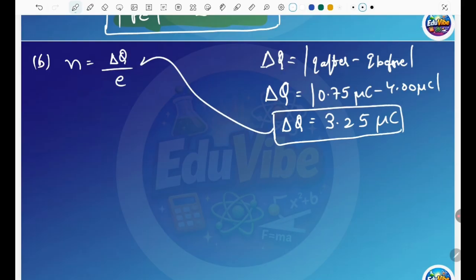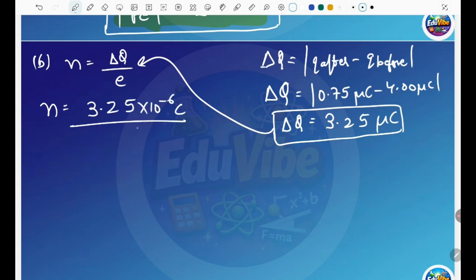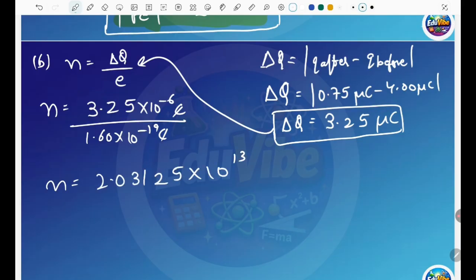Now this has to be plugged in. So 3.25 times 10 to the power minus 6 coulombs divided by 1.60 times 10 to the power minus 19 coulombs, which is the elementary charge. Coulombs cancel, and you get 2.03125 times 10 to the power 13.